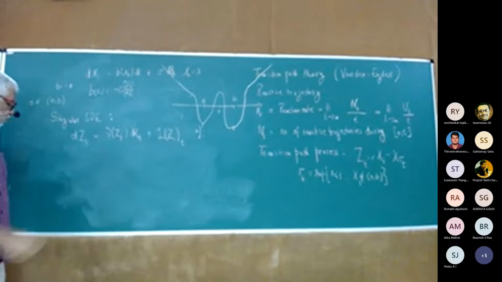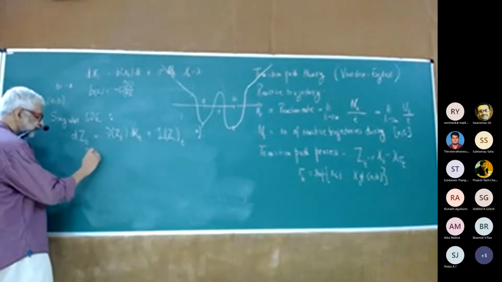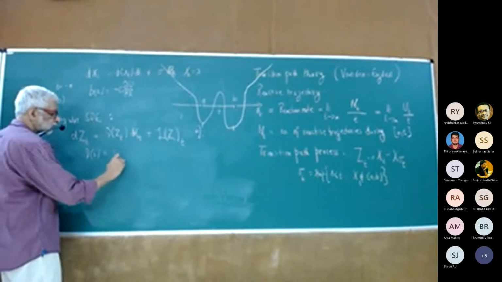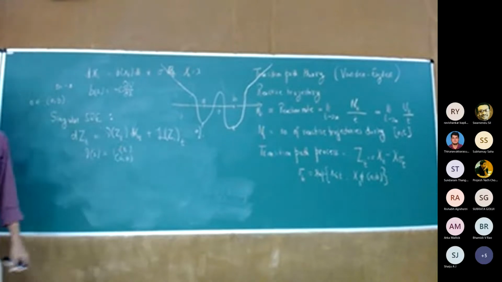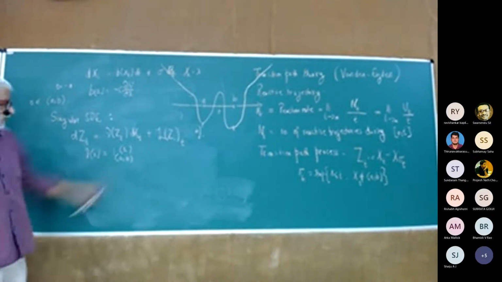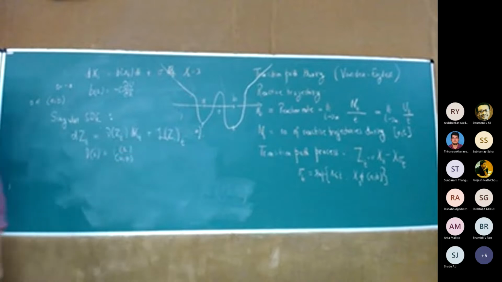Now what is nu? Nu of X is the indicator of the set X. XT is our diffusion. And what is L? L is a process of finite variation. It's something like the local time, but there are additional terms because of these jumps. So you get the local times at A and B.